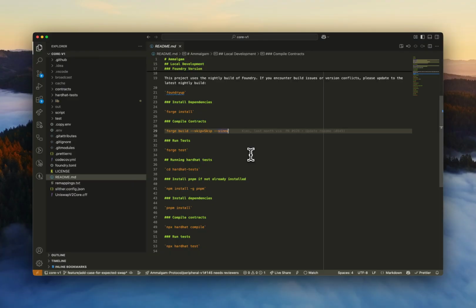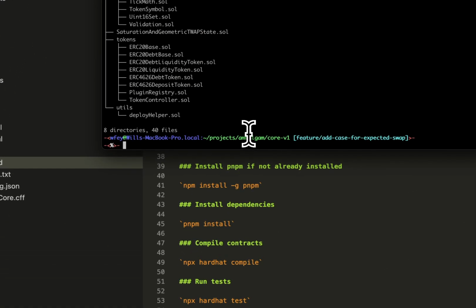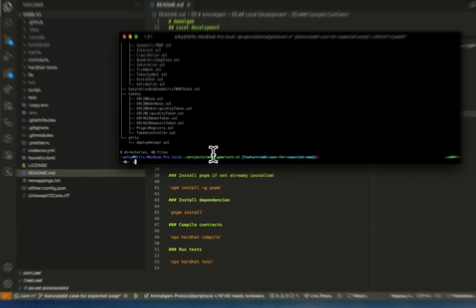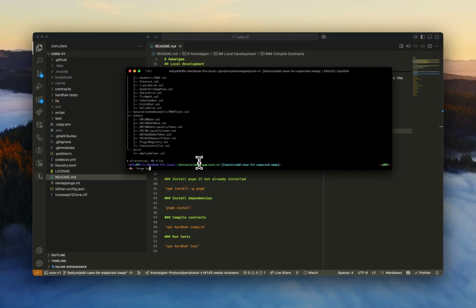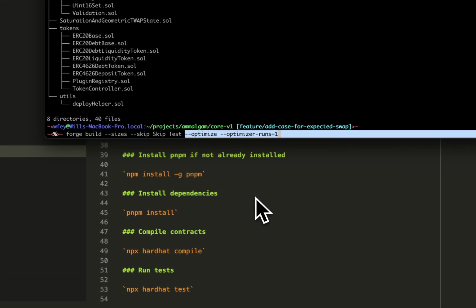Let me just get the exact command. With the optimizer and optimizer runs set to 1, it won't fit.